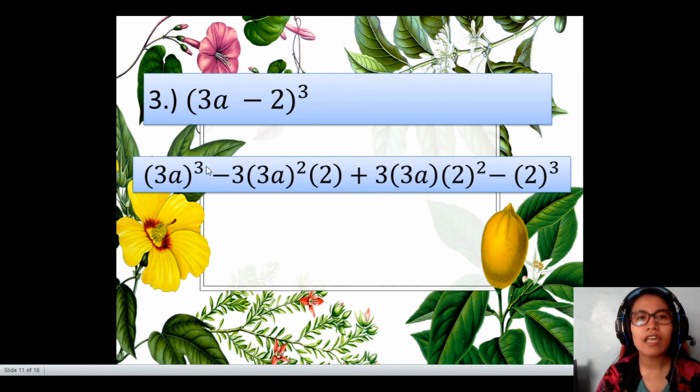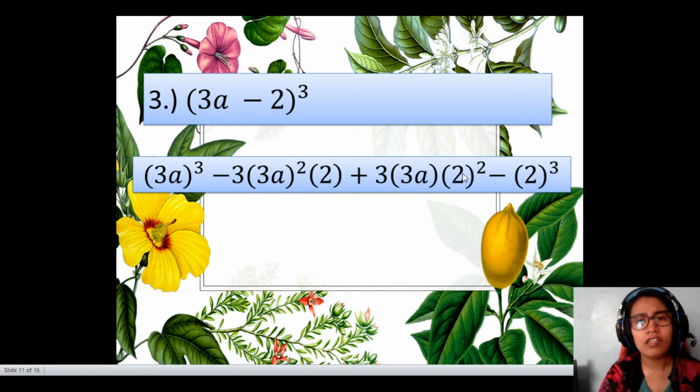So (3a) cubed minus 3, square our first. So you have (3a) squared times the 2. You might be wondering, Ma'am, why don't you write negative inside that parenthesis? I already put that out. Your negative is already outside the parenthesis.